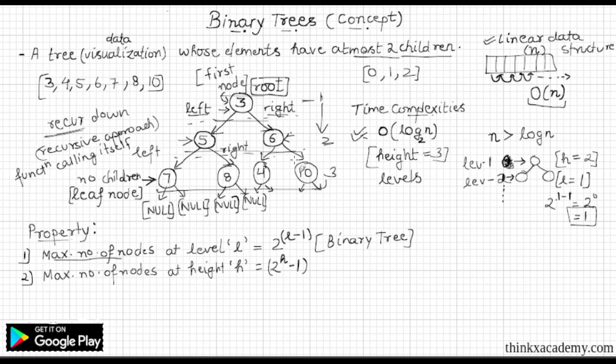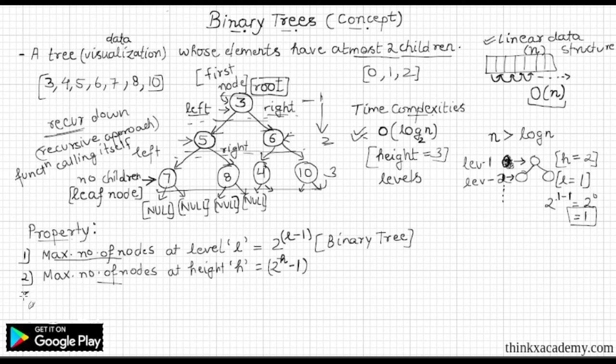So let's suppose the height is 3 and you want to know what is the maximum number of nodes at height h. So you will just substitute the value of h and you will get the value of the maximum number of nodes.